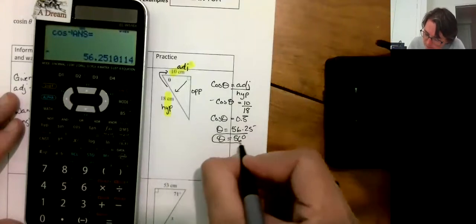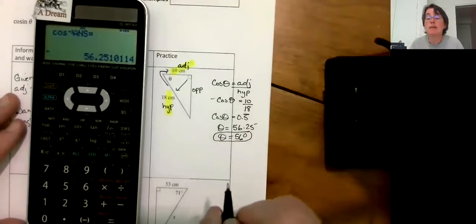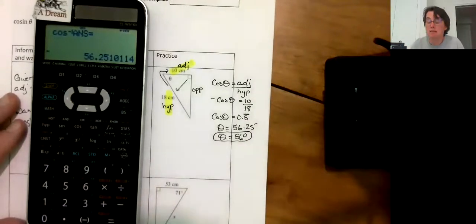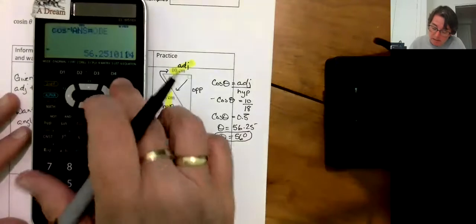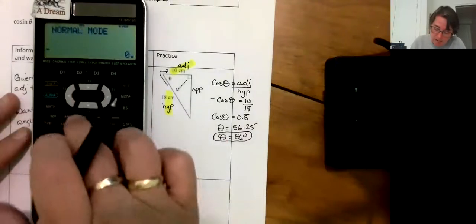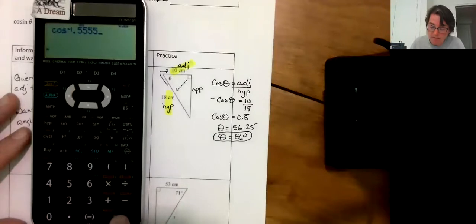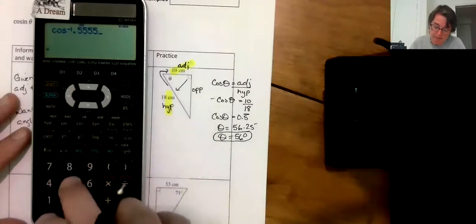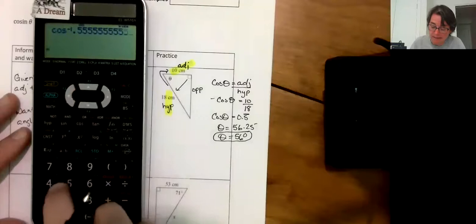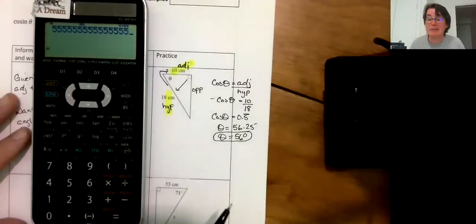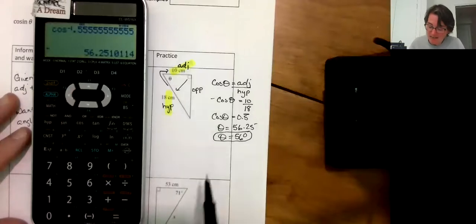Now, if your calculator is not magic like mine, and you can't just hit the equals button, then you could go second and cos, and it's repeating, so you could sit there and do that for a while. And look, you get exactly the same answer.